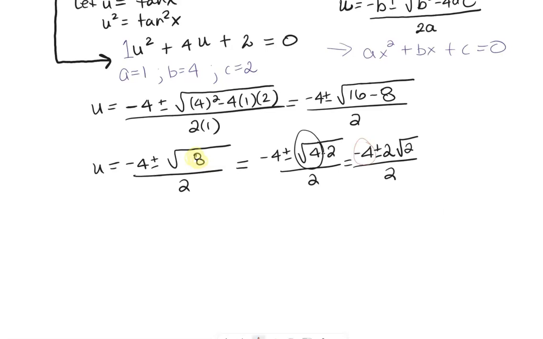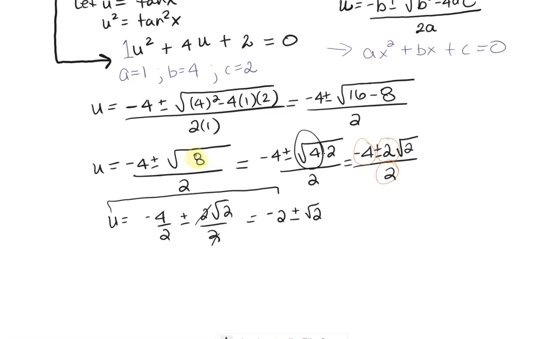Anytime you can reduce or simplify all three numbers, you need to do that. You could split it up like this, where negative 4 is divided by 2 plus or minus 2 square root of 2 divided by 2. Then negative 4 over 2 is negative 2 plus or minus, these 2's cancel out, and you have the square root of 2. So right now we have that u equals negative 2 plus or minus the square root of 2.